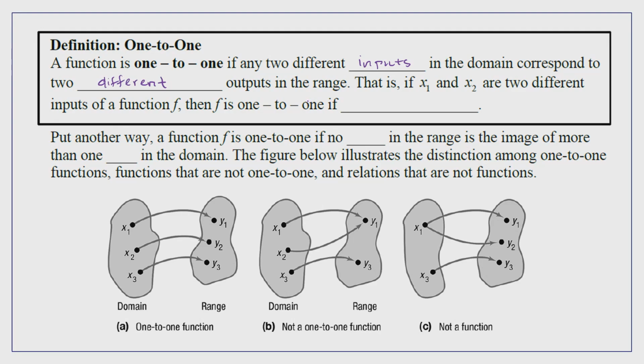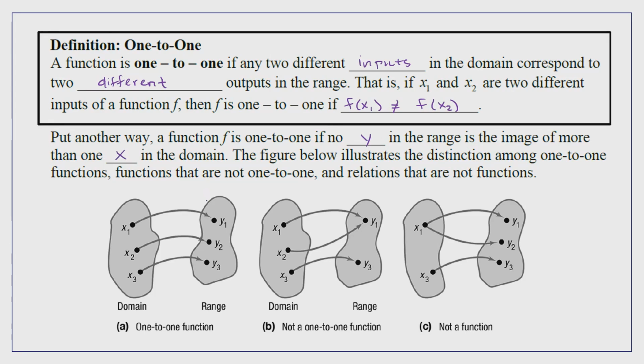That is, if x1 and x2 are two different inputs of a function, then f is one-to-one if f of x1 does not equal f of x2. Put another way, a function f is one-to-one if no y in the range is the image of more than one x in the domain.